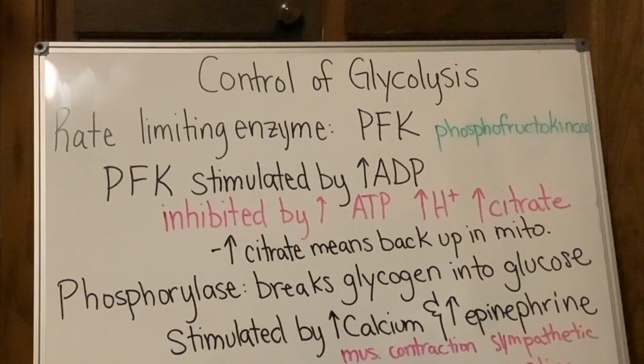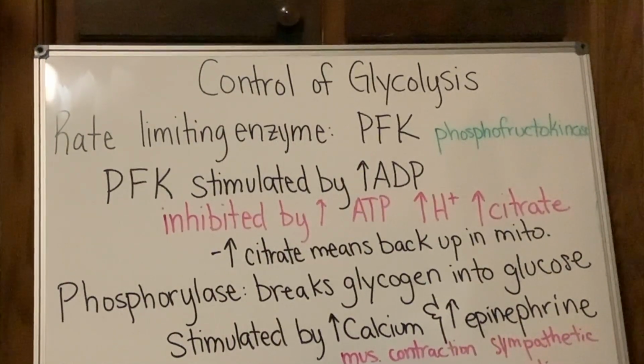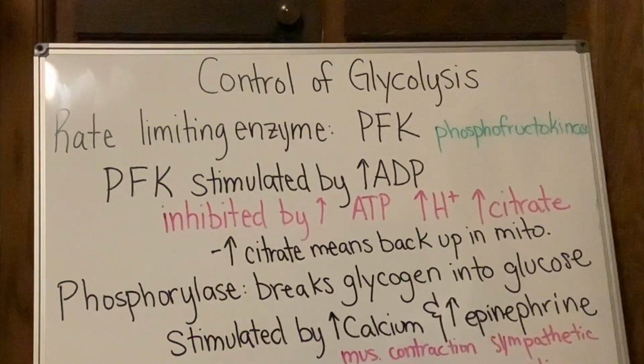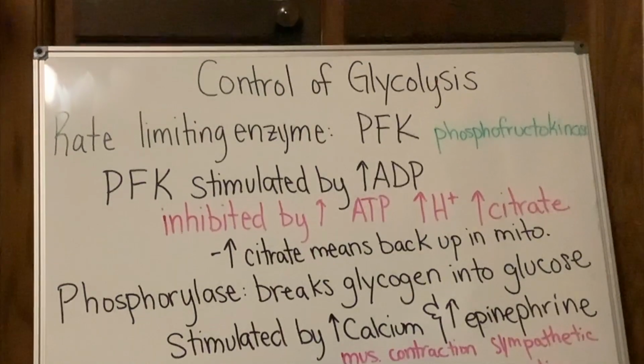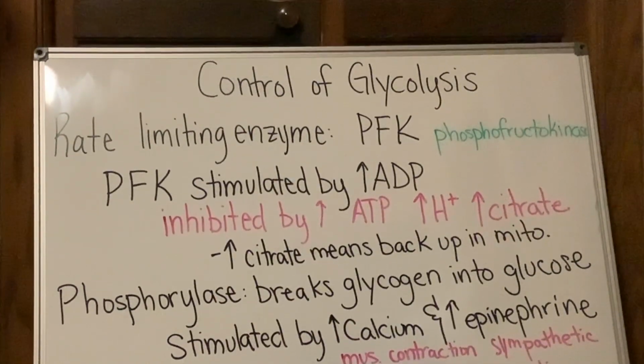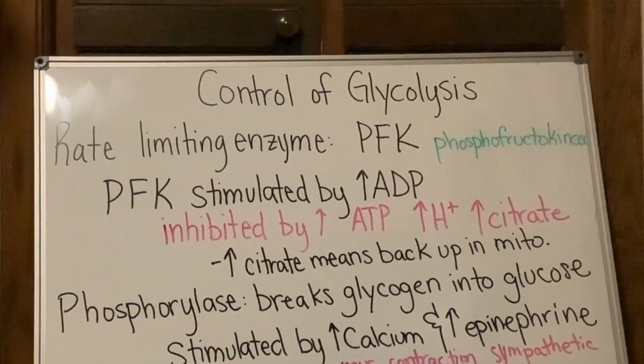Often, the rate-limiting enzyme is found early in the metabolic pathway because it prevents the accumulation of products later in the cycle. Phosphofructose kinase, or PFK, is stimulated by an increased concentration of ADP in the cytosol.